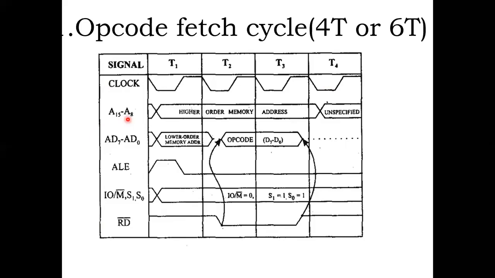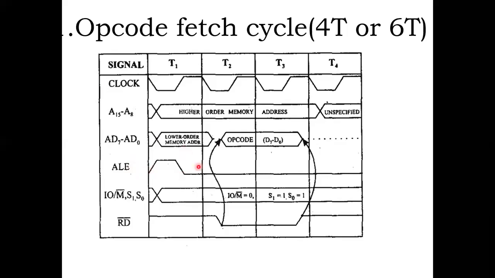Then the lower order address, which is multiplexed, that is AD0 to AD7, shown like this. Then ALE. ALE is active high, so when it is 1, it will be enabled. Every time a machine cycle starts, the ALE should be enabled.